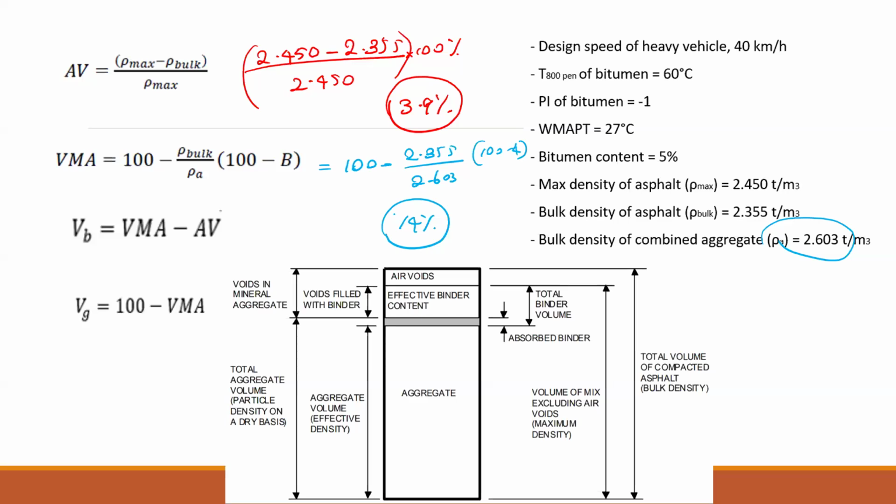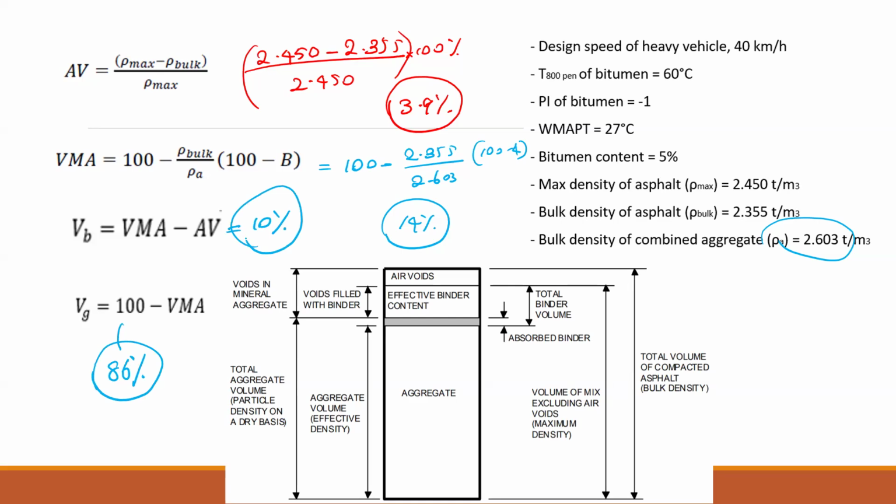And VG is what? Okay, this one is 10. Next one, 86. Okay. So we have these two. VB is 10%, VG is 86%.